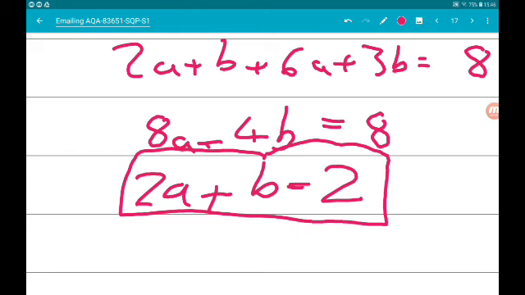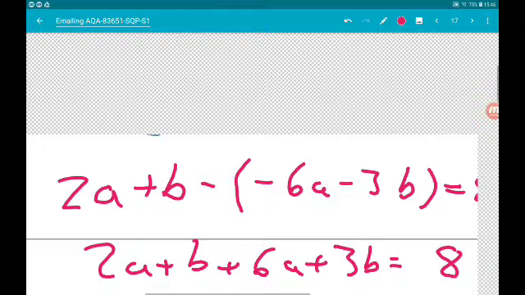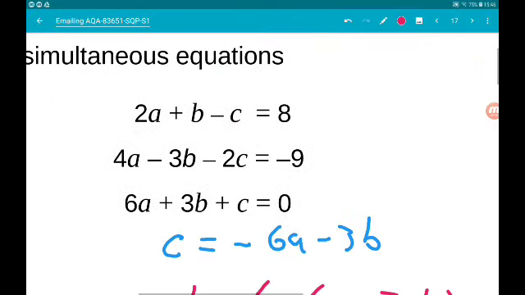Okay, let's do the same for equation 2. So equation 2 is 4a minus 3b minus 2c is minus 9.